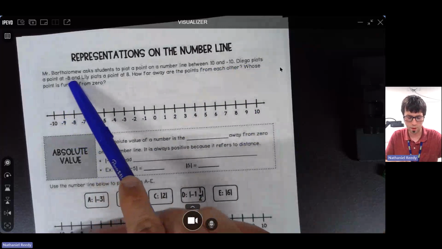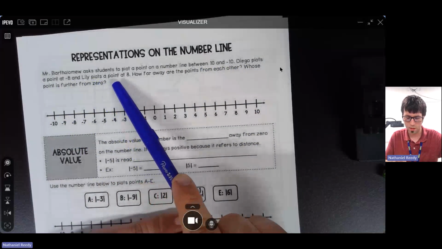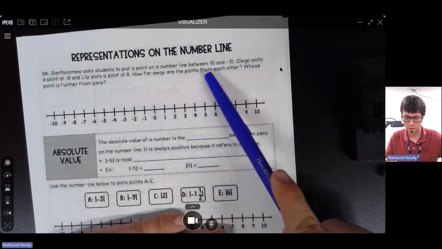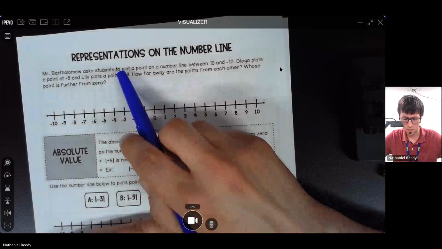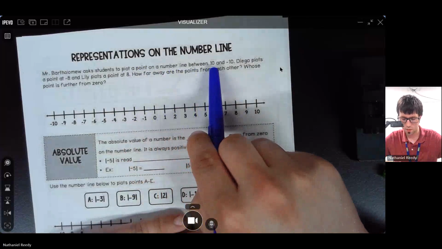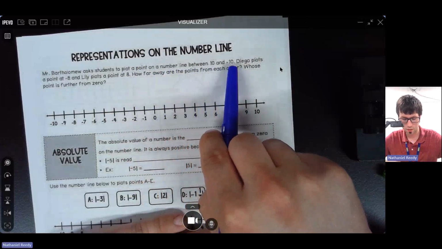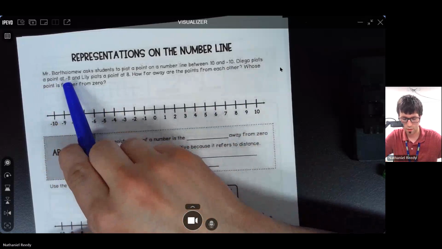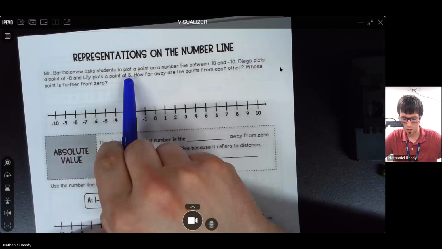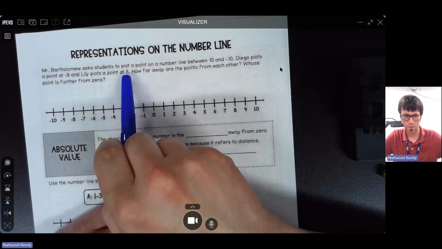Diego plots a point at -8 and Lily plots a point at 8. How far are the points away from each other? Whose point is further from 0? Let's see, between 10 and -10. Diego plots a point at -8. How far away are the points from each other?